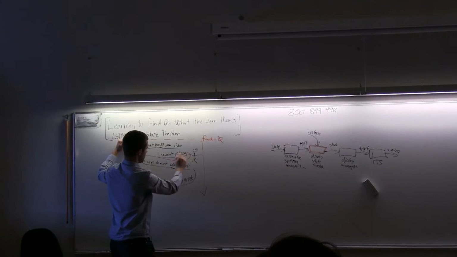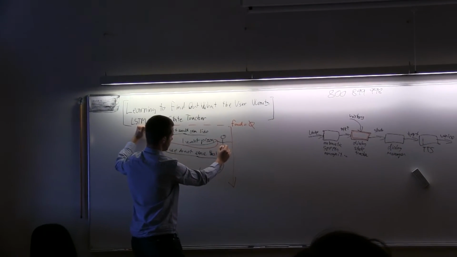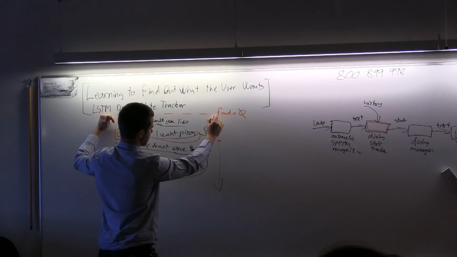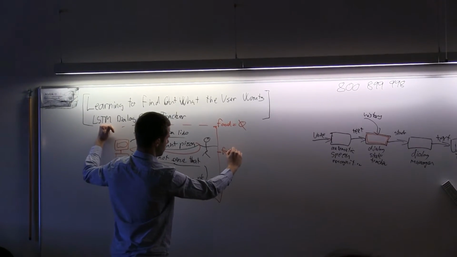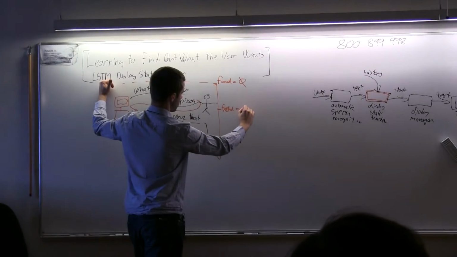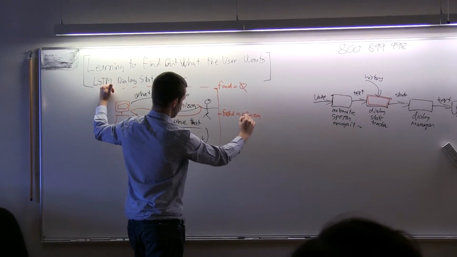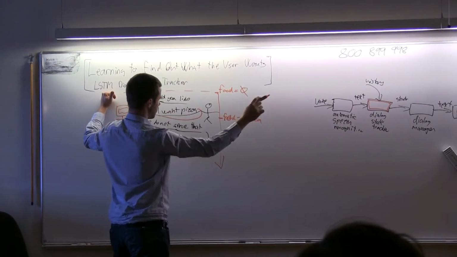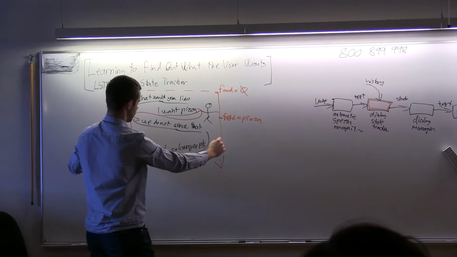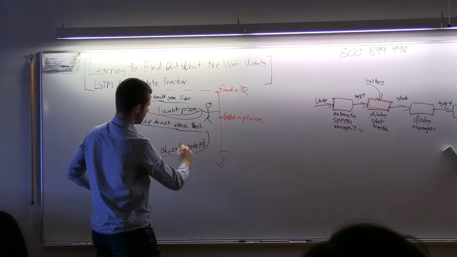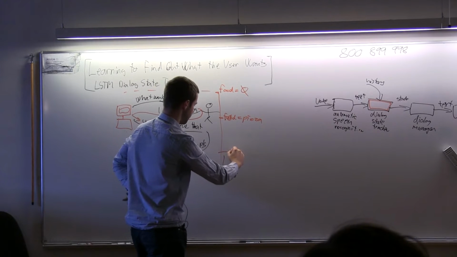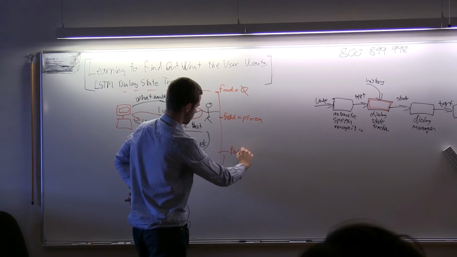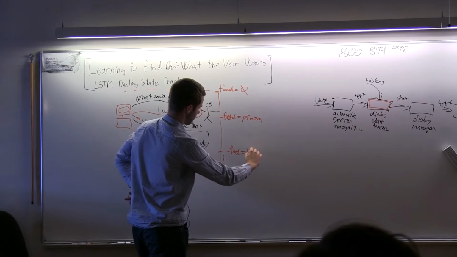As the user says, I want pizza, now the system should know that the food is pizza, and use that in the dialog manager. After the user says, okay, so burgers please, the food is now burger.